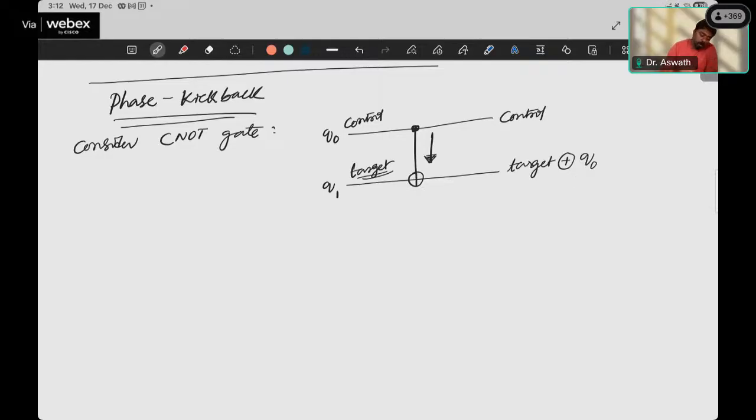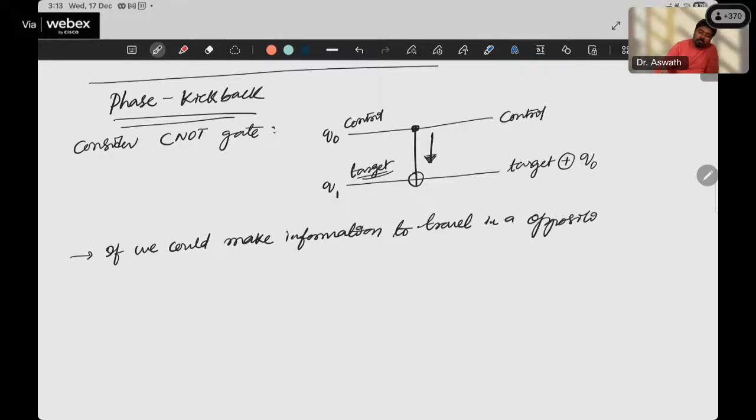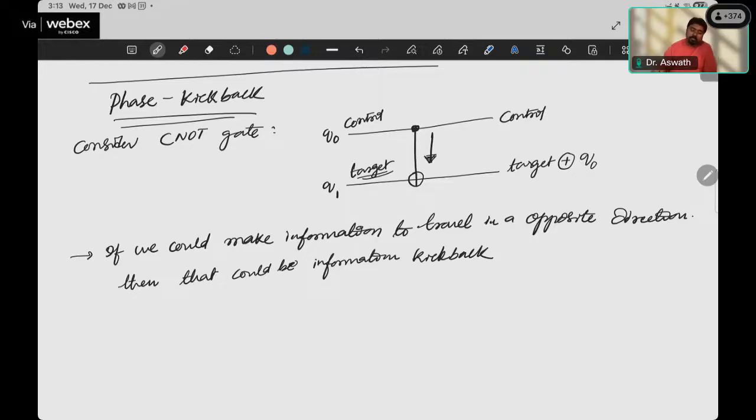But if there is any other way, if we could make information travel in the opposite direction, meaning bottom to top, then that would be an information kickback, going back in the direction opposite to the one it is supposed to travel.